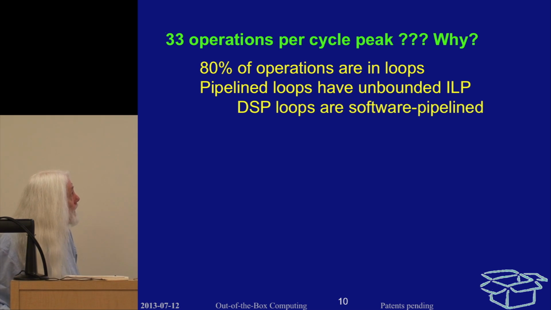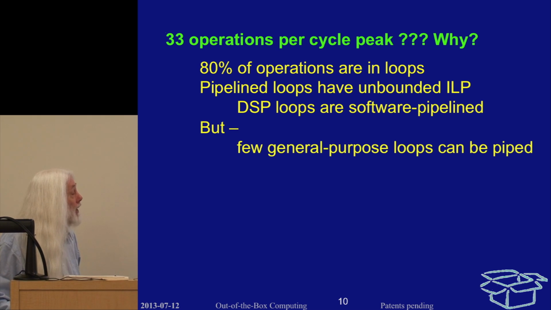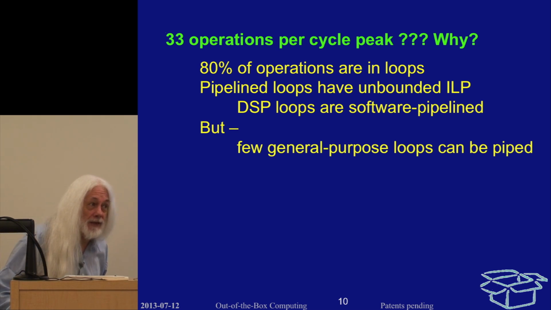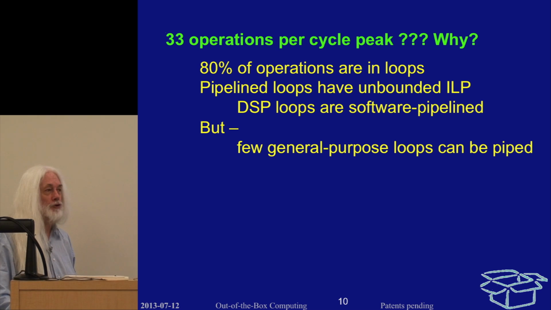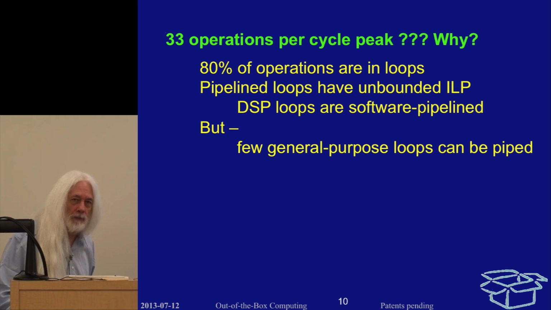ILP. The DSP loops are software pipelined, but rather few general purpose loops can be software pipelined. They contain really nasty things like function calls and embedded flow of control and assorted other things, which makes it very difficult for them to be software pipelined.